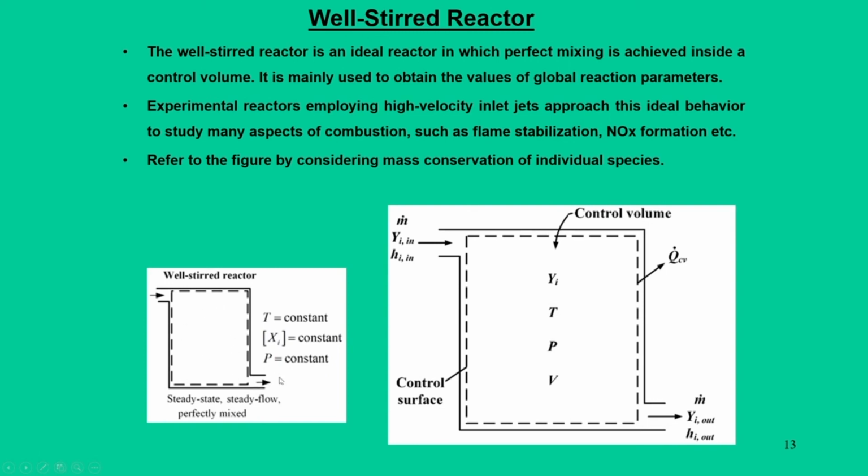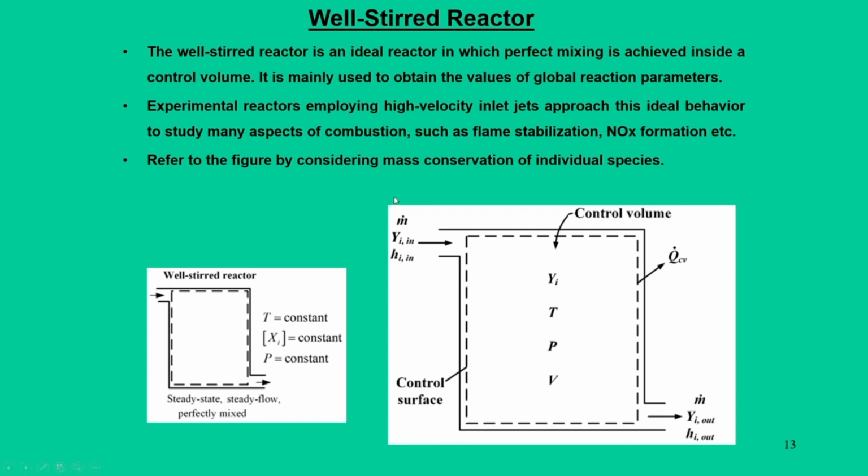In this entire model the temperature, concentration, and pressure remain constant. But what we look at within this control volume are the mole fractions, temperature, pressure and volume, or we can say the steady state values.